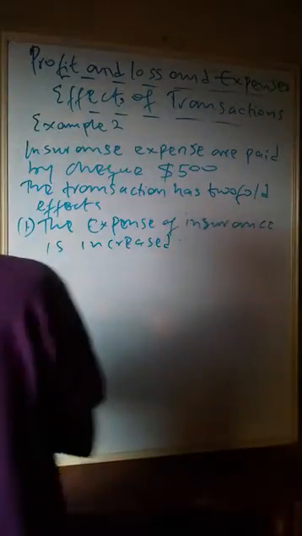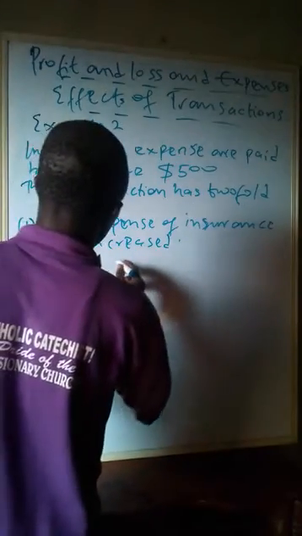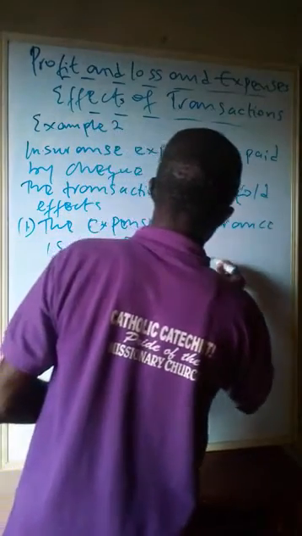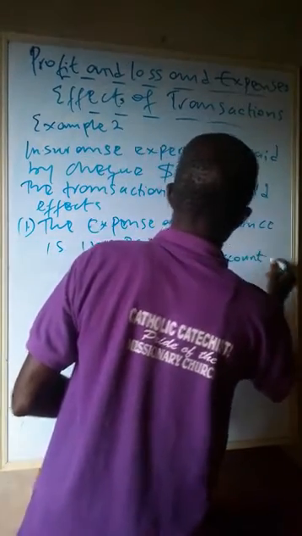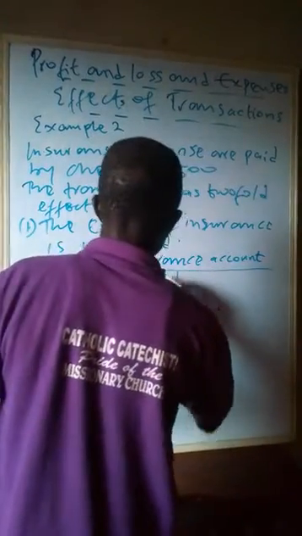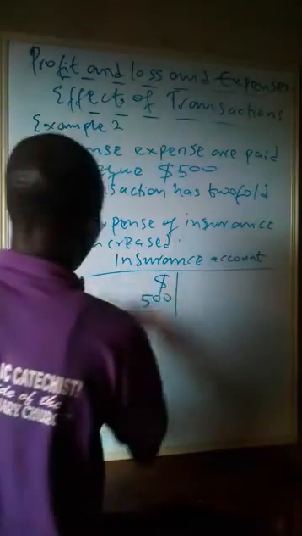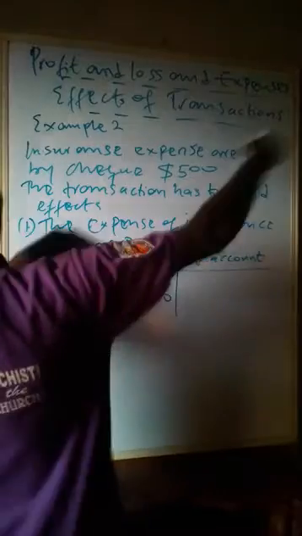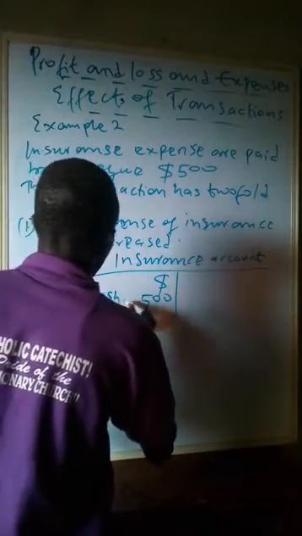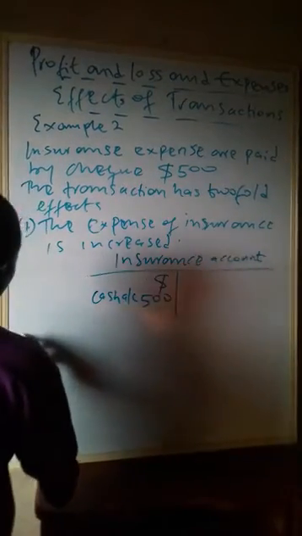When expenses increase, what do you do, like I've said in the first example? That is the insurance account. You debit $500, and the corresponding entry is cash paid. That is the cash account.